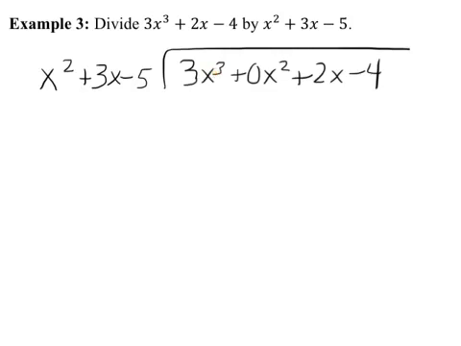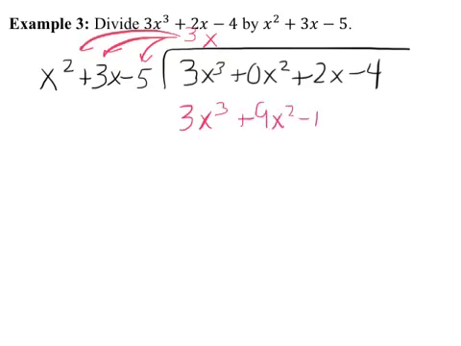And it might not be obvious right away, but this is x squared and this is x cubed, so I definitely need an x up here. There's definitely got to be an x up top somewhere. But I also want to get rid of that 3, so why don't I also just make it 3x? Now, if I multiply this 3x by all of these terms, like we're supposed to, by all of them again, and list them below, I'm going to get 3x cubed plus 9x squared minus 15x.